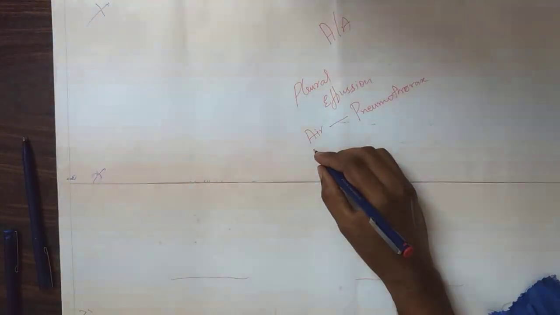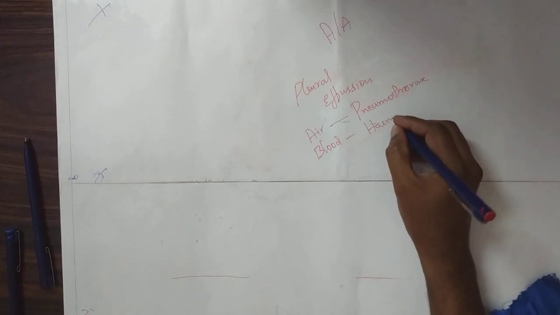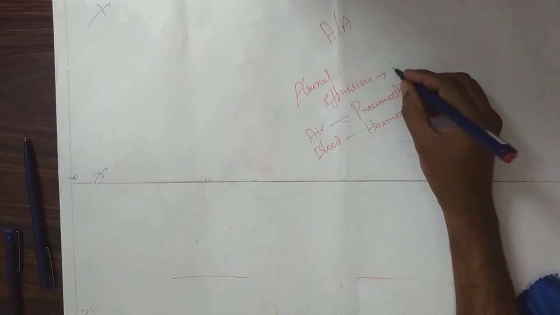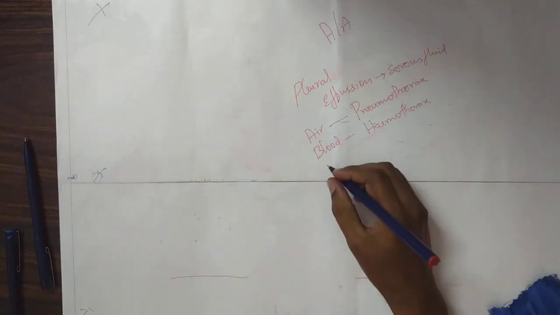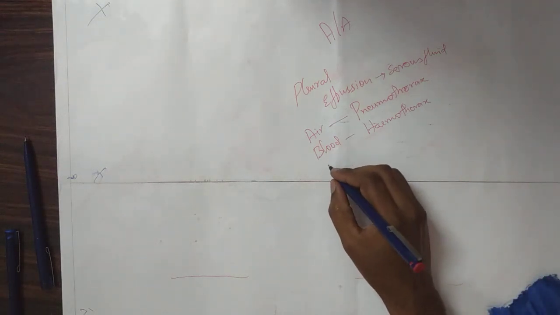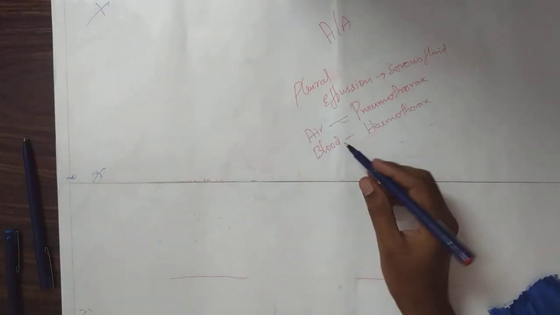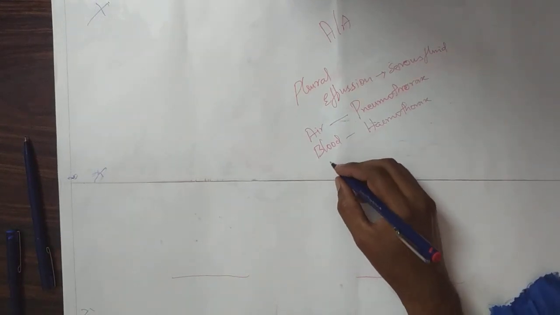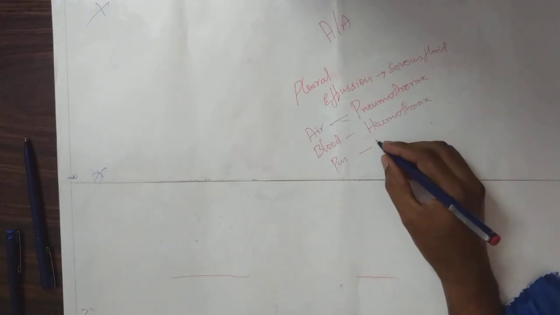If it is blood in the pleura, we call it hemothorax. If it is serous fluid, then it is pleural effusion. This is seen most commonly in infections like tuberculosis. In those infections the pleura are affected, and the layers of the pleura can't slide over each other freely.